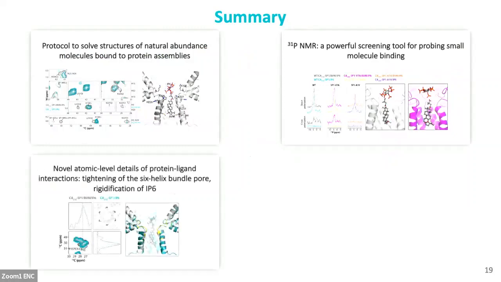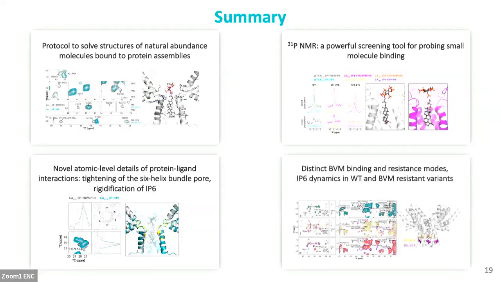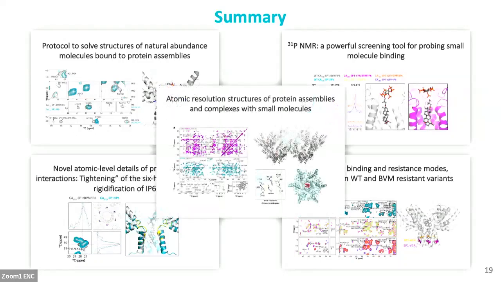We have also detected novel atomic level protein-ligand interactions, such as tightening of the six-helix bundle pore and rigidification of IP6. We have also observed distinct BVM binding and resistance modes and IP6 dynamics inside the wild type and BVM-resistant variants. And finally, we have solved the atomic resolution structure of protein assemblies in complex with small molecules.